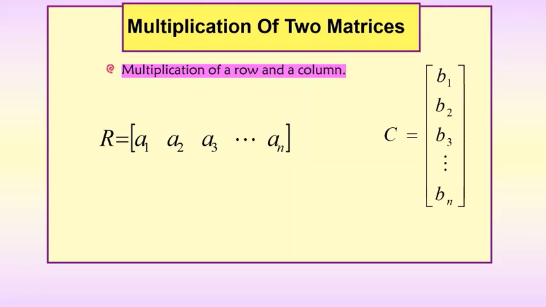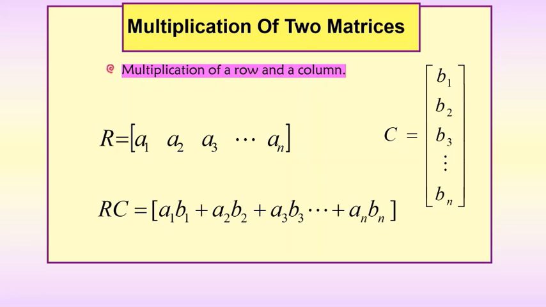Let's say we have these two matrices R and C. R is the row matrix, C is the column matrix. We have the same number of entries. Okay, so the new matrix that we can get.